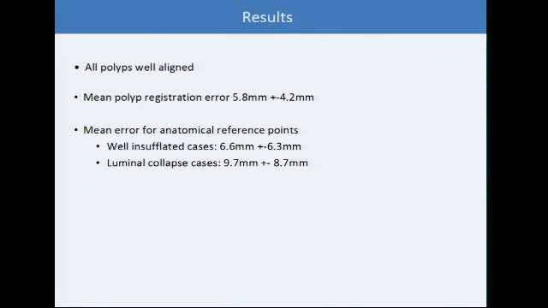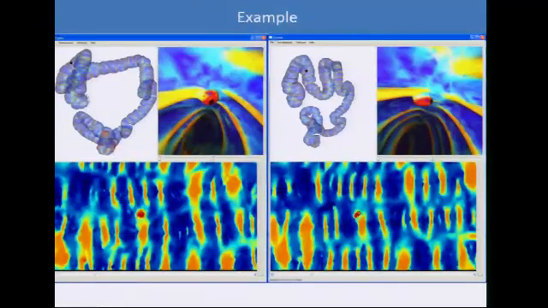Speaking to our clinical partners, what they would like is for the transformation to be able to transform you from one haustra in the colon to another haustra. So the haustra are the individual sacs of the colon. And typically a haustra is something like 30 millimeters. So we're certainly underneath that requirement.